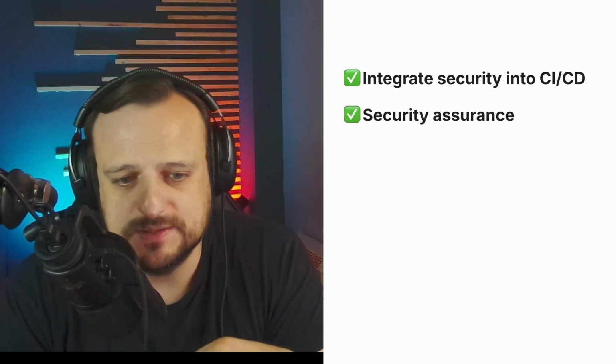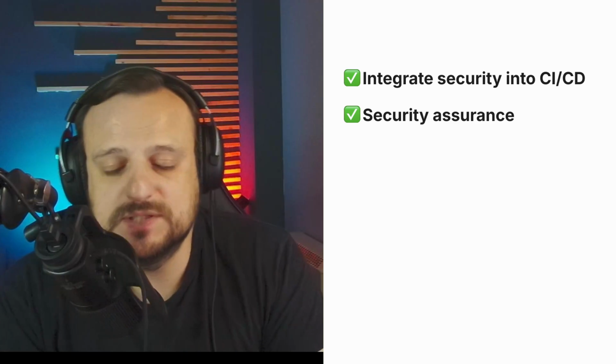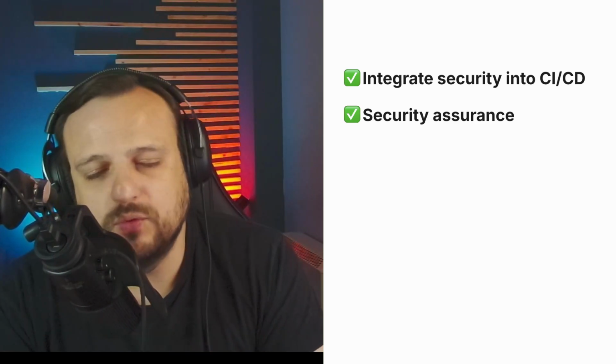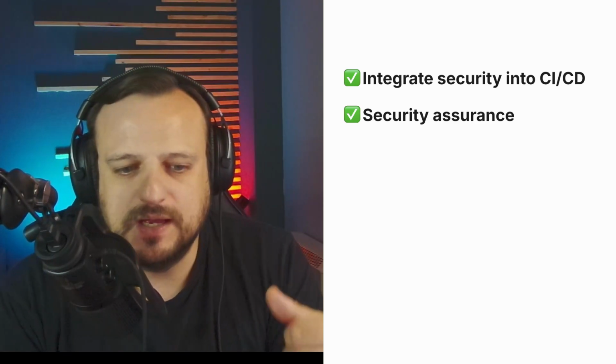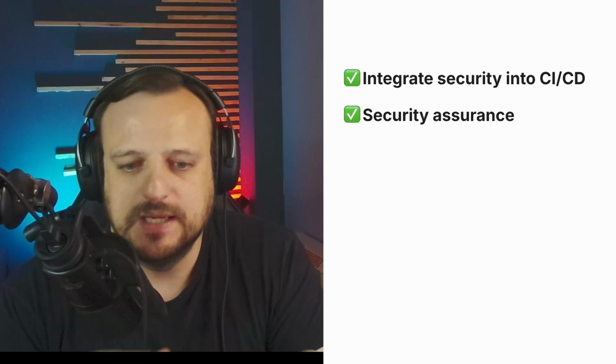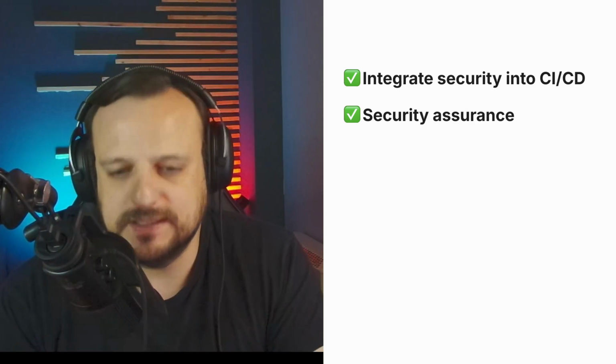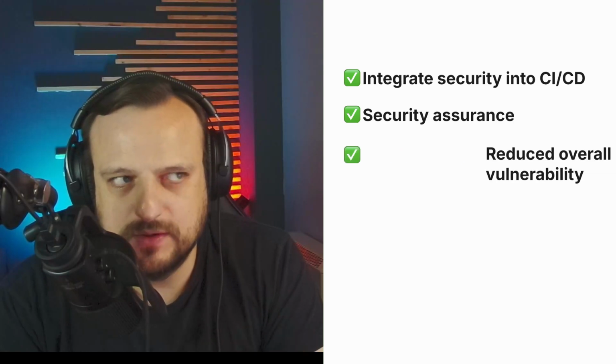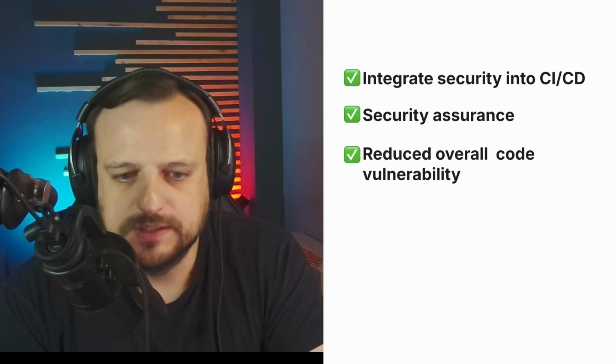Now, through the implementation of DevSecOps, you get high security assurance, because security is integrated throughout the entire development process. It reduces the chances of you pushing a vulnerability undetected and untested, essentially. It also reduces the code vulnerability as a whole.